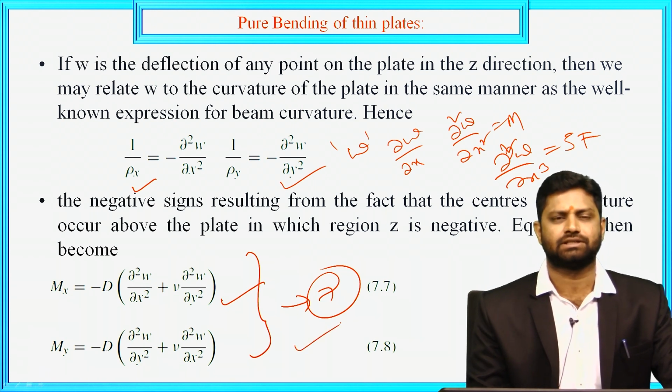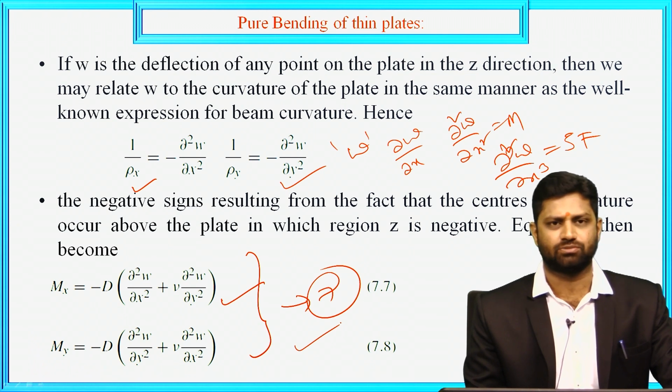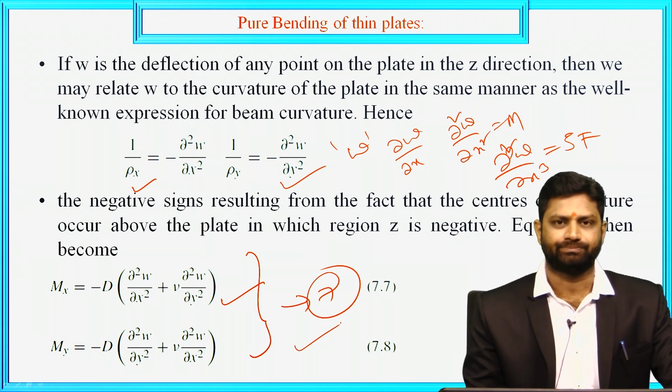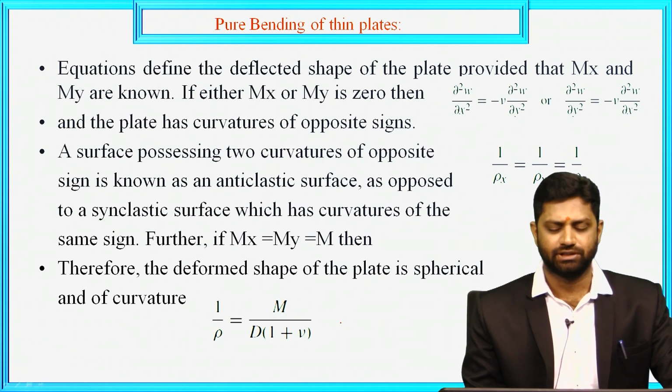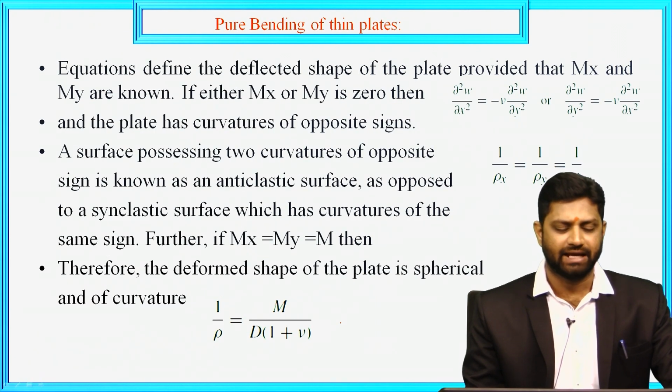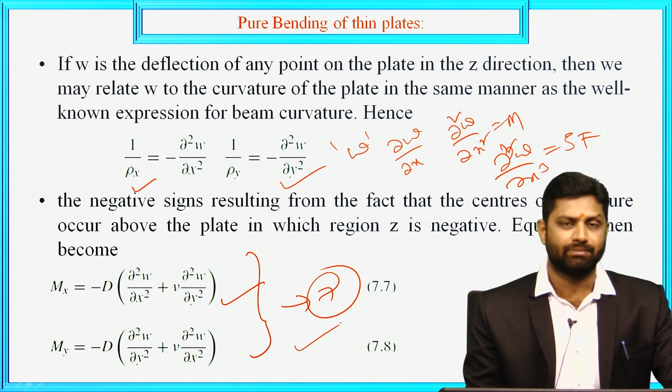Now after this, we are going to follow some small assumptions, and then we will try to reduce the form of the equation. Now, in the Mx equation or My equation, consider the case where Mx or My is 0.